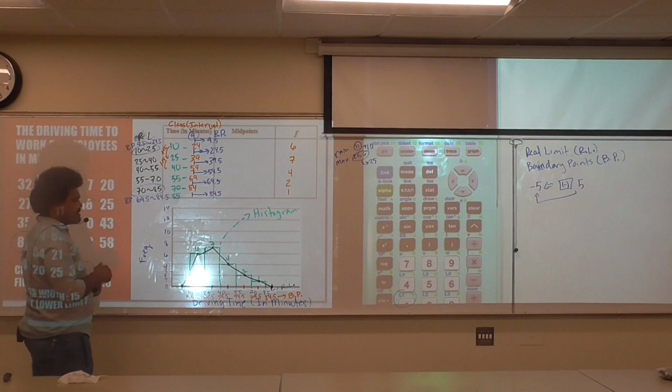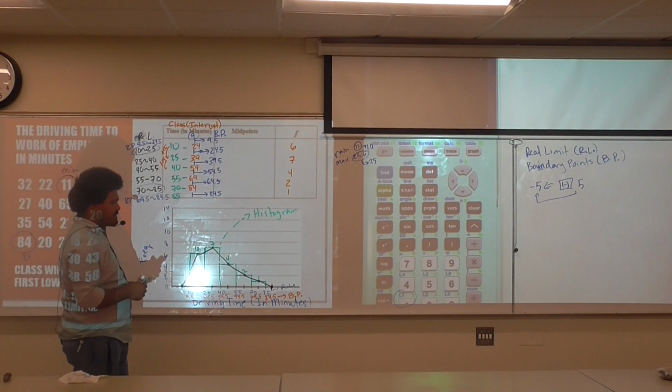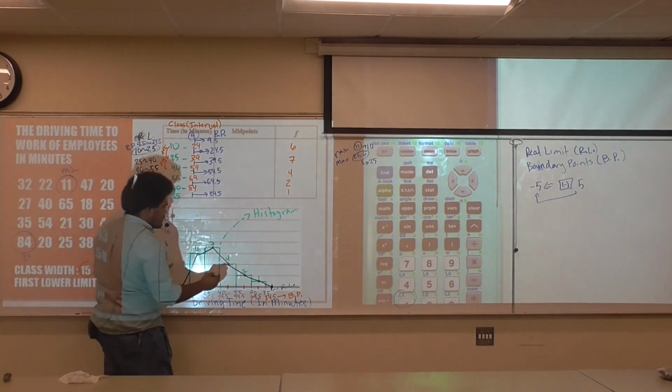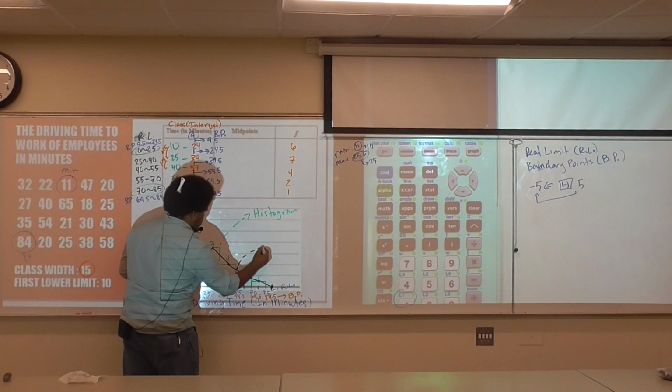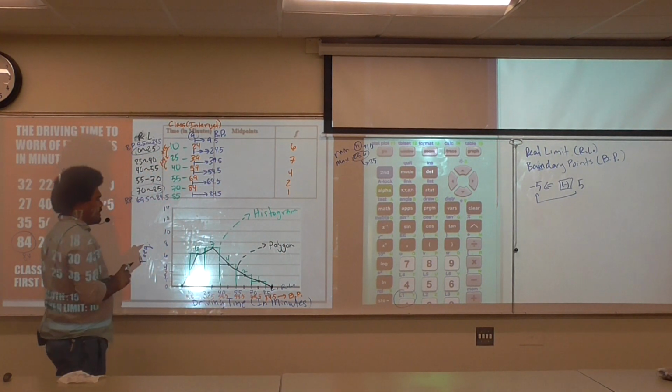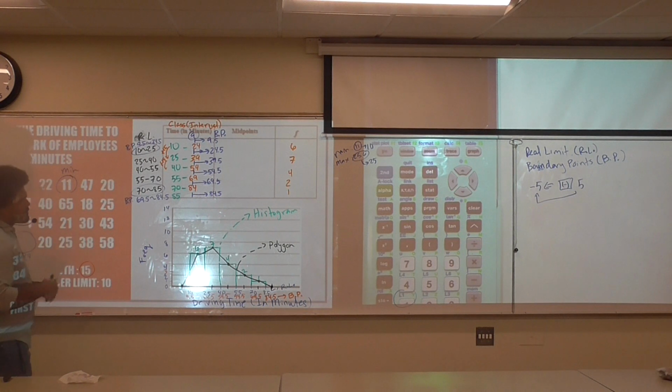Notice how it's still representing the same shape of the distribution, just with a different type of graph. So over here, in black, is the polygon. Okay, we got that out of the way.